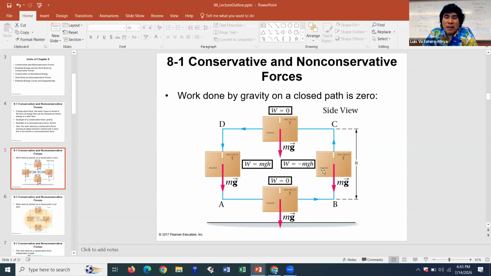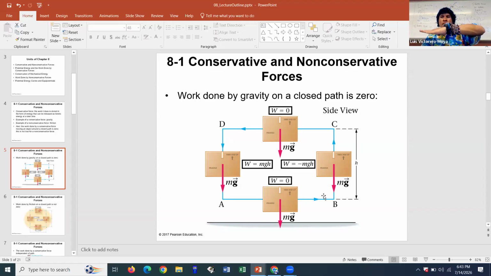Now, why is it negative here? Because you're going from B to C. It does depend on the reference. If I make my reference AB, then the work here is positive because you're above the reference. If your reference is DC and you're below the reference point, your potential energy is negative. That's the convention. All right?